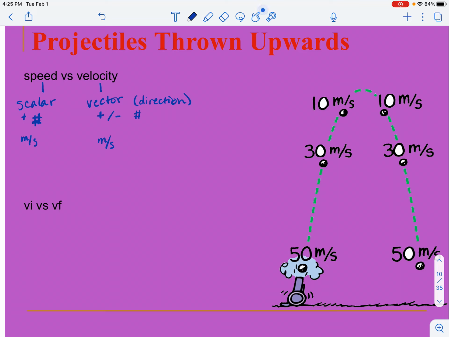Now, sometimes students overthink this a little bit too much. The equations are set up to solve for velocity as a vector. So do the math work, solve for your velocity. If you calculate a negative velocity, put that as your answer. If it's something that I'm going to grade by hand, if I need that negative to be there for full credit, you will have it.